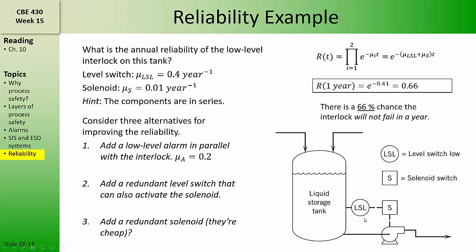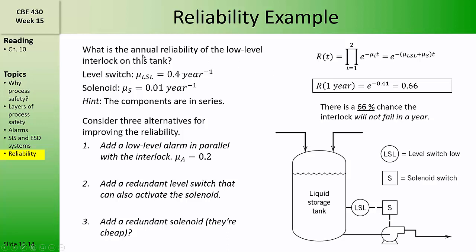These components are in series in this safety instrumented system. So we can find the reliability of this system by taking the product of the reliabilities of each of the components. And the reliabilities are computed by the exponential e to the minus mu t.